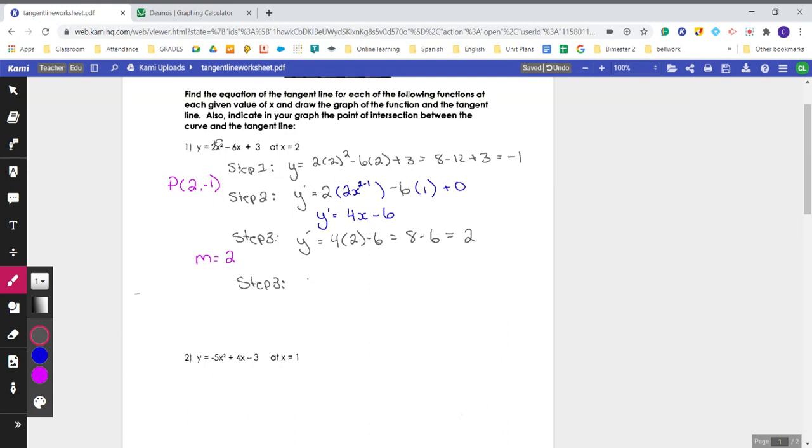Remember, our equation is always y, and we take away whatever our y value. Well, if I take away negative 1, that's the same thing as adding 1. Equals, my slope is 2, x minus 2. So this question doesn't specify what form it wants the equation in, so we can just leave it like that.